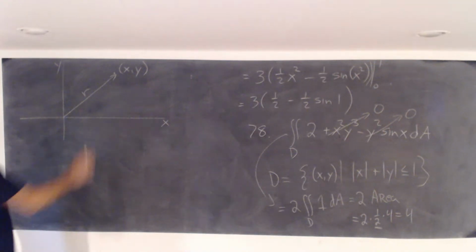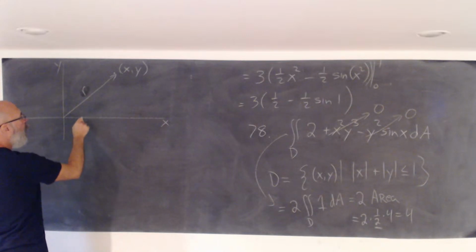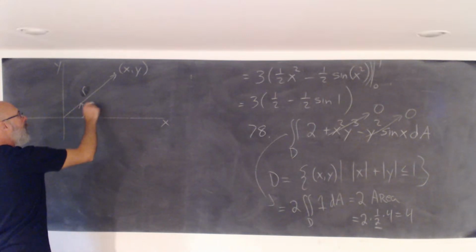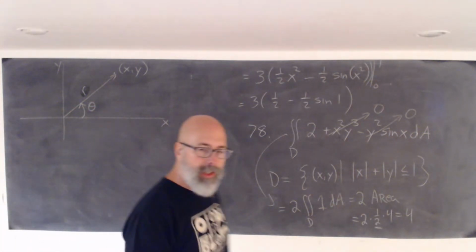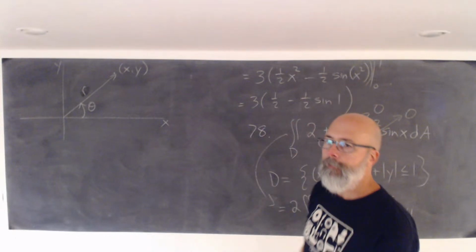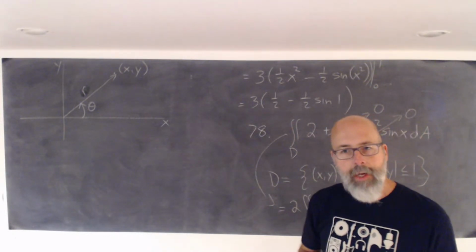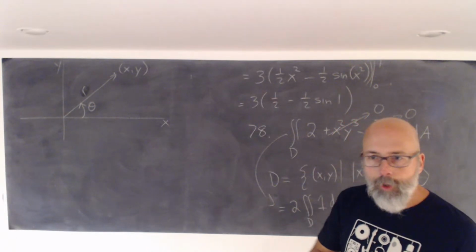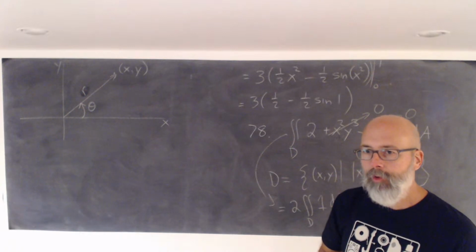Let's say r is the radius, and what angle this ray makes with the positive x-axis. And if you're given a value of r and theta, this again will completely determine what point you're talking about.